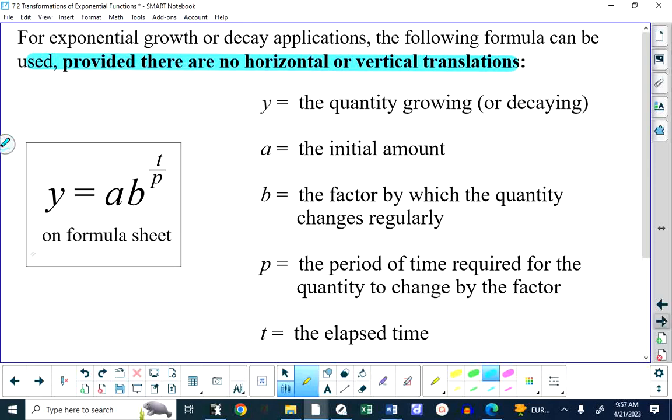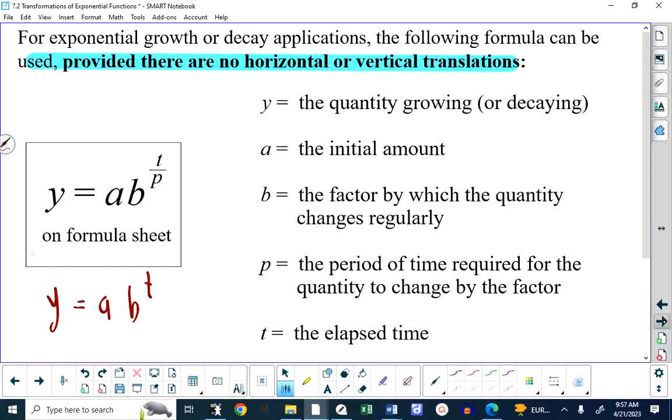And this is a little bit different than what we did yesterday. The difference is yesterday we did this. But yesterday, every example we did where we used that formula I just wrote down had t measured in, say, years. And what was happening every year.